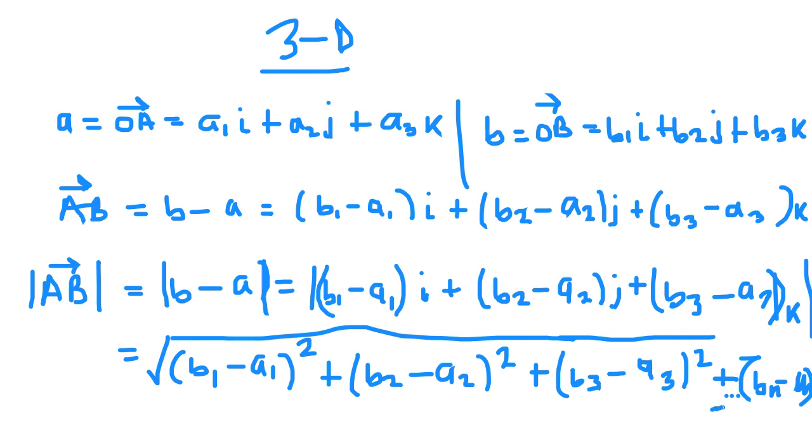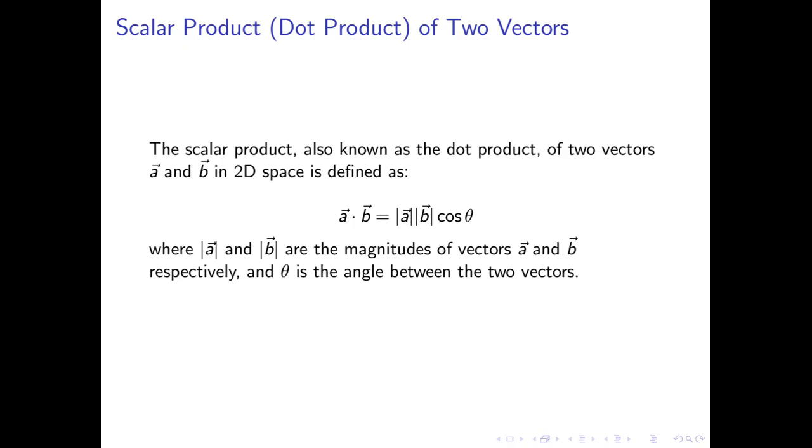So we want to see scalar products of two vectors, or what we refer to as the dot product of two vectors. Two vectors A and B, how do we multiply them together as dot product? Remember at the beginning of this class, I mentioned that you have two different ways of multiplying vectors.